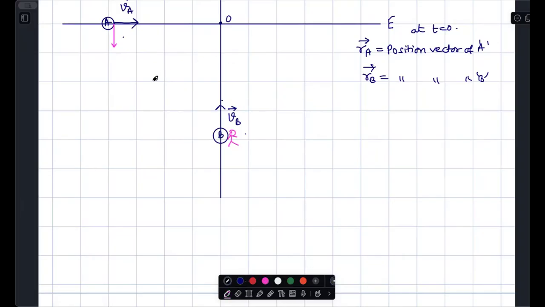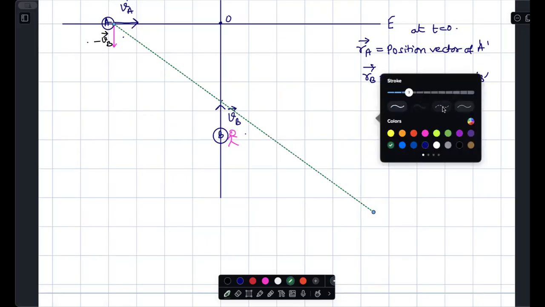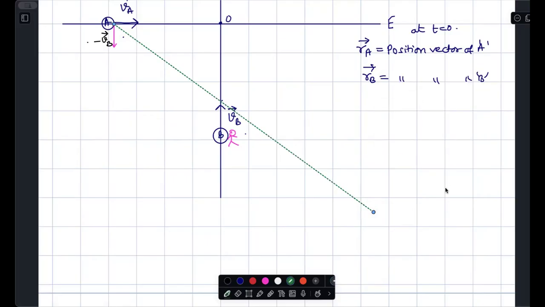Depending upon the magnitude of VB, this is minus VB. Three possibilities are there. One possibility is with respect to B, A may move like this. Remember, practically A is moving eastwards, but with respect to B, A may move in this way.